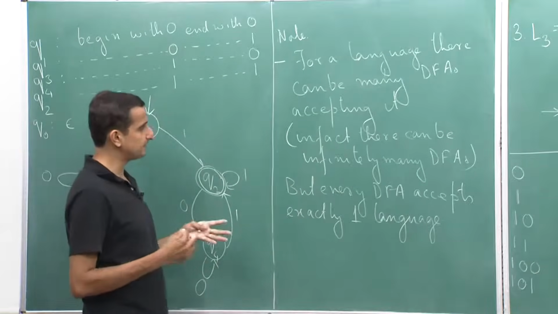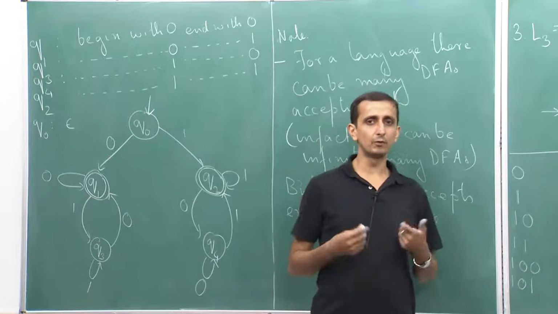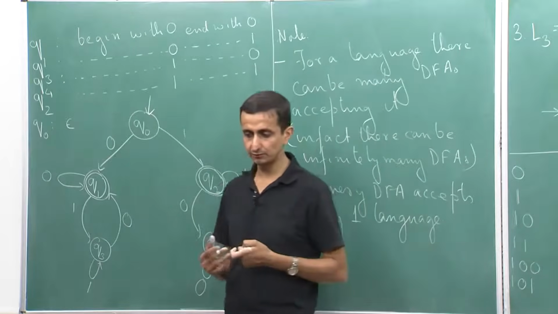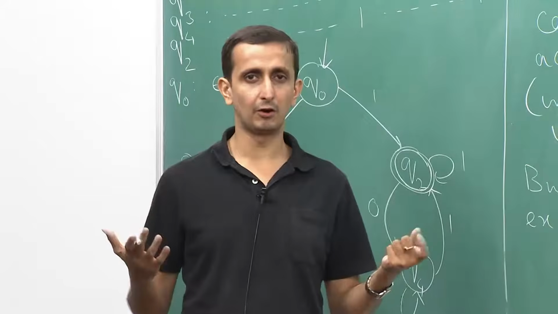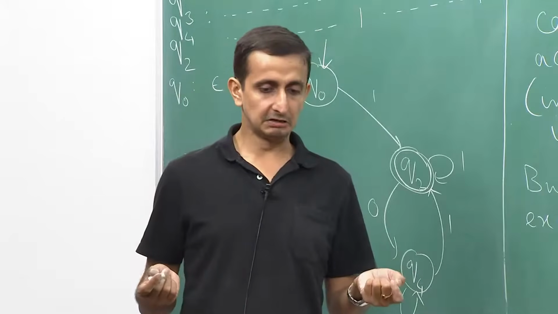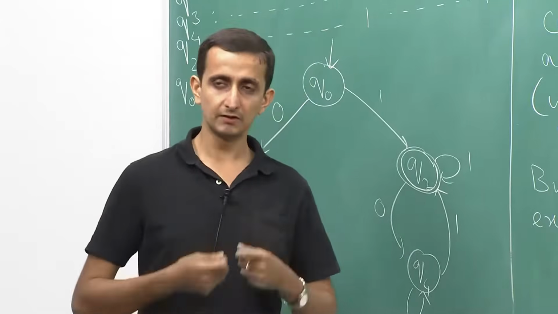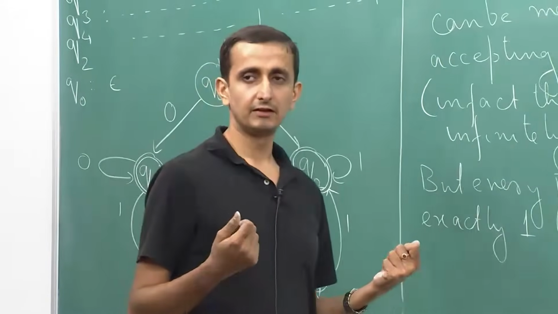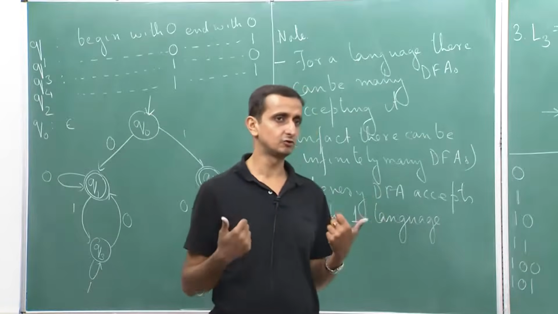This is the same as, in the terminology of writing computer programs, the following fact: if you are trying to solve a certain computational problem, for example, given an array of numbers, let us say we want to sort the numbers. Okay. Then there can be many different programs that you can write to sort those numbers.